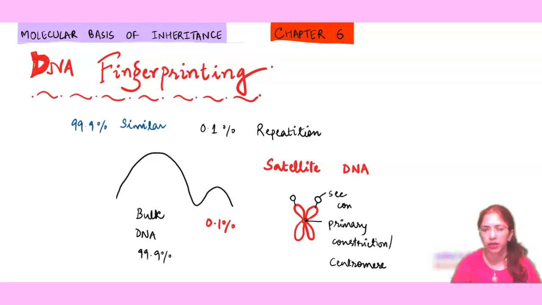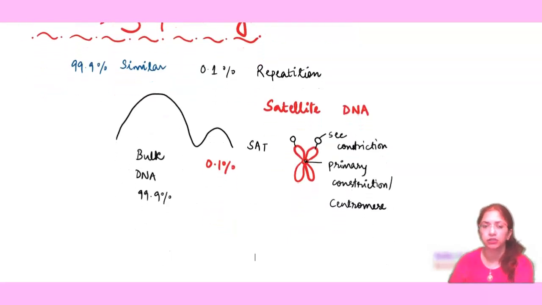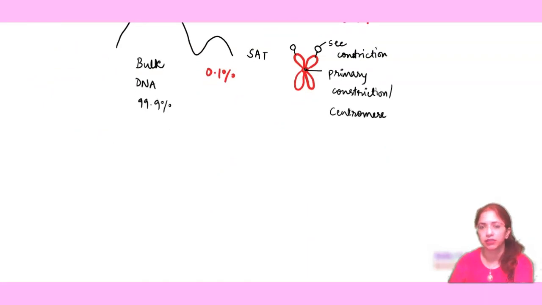This secondary constriction makes the chromosome a SAT chromosome. SAT means satellite chromosomes. So the chromosomes that have both primary and secondary constriction are SAT chromosomes, and in them generally satellite DNA is found. Now we will see further categorization, like in how many parts satellite DNA has been divided.